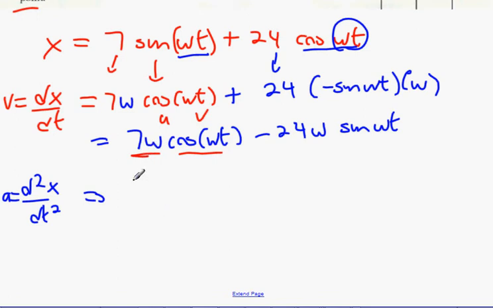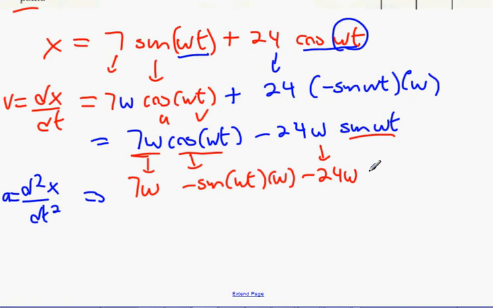So it's going to be 7 omega travels down unaffected. The cos turns into minus sine omega t, and you have to differentiate the angle, omega. Minus 24 omega travels down unaffected, sine omega t changes into plus cos omega t, differentiate the angle, omega.